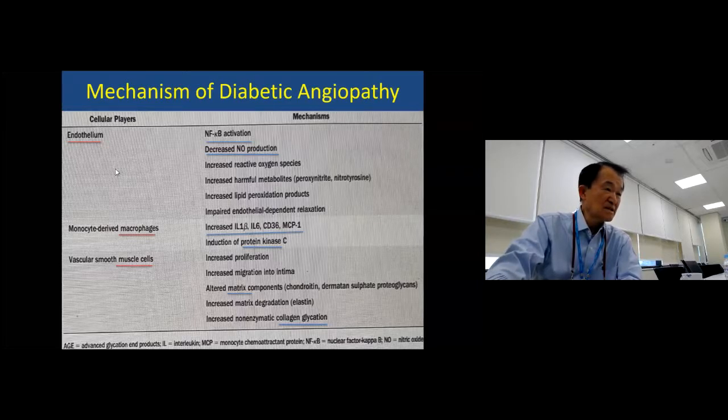So in the endothelium, there is NF-kappa B activation. This gene is important in developing cancer as well as inflammation.